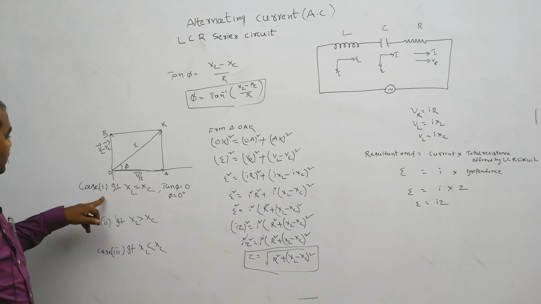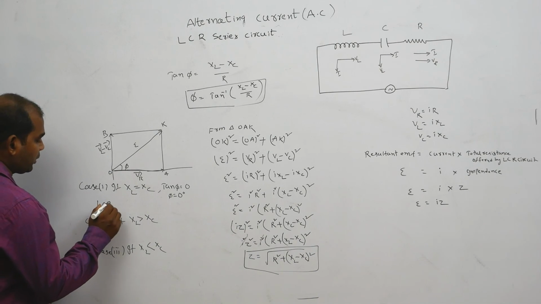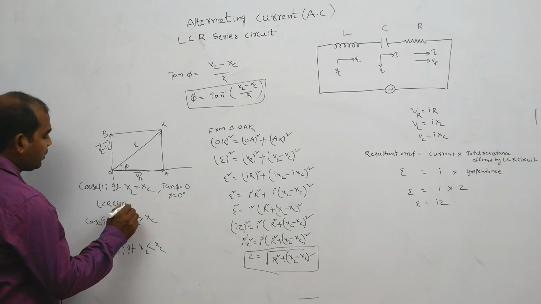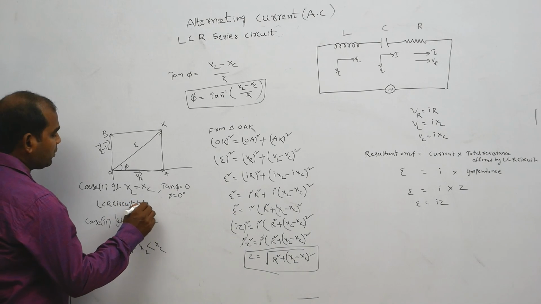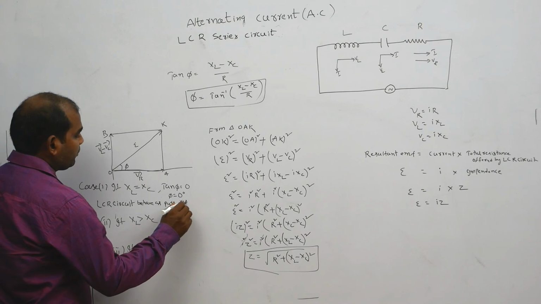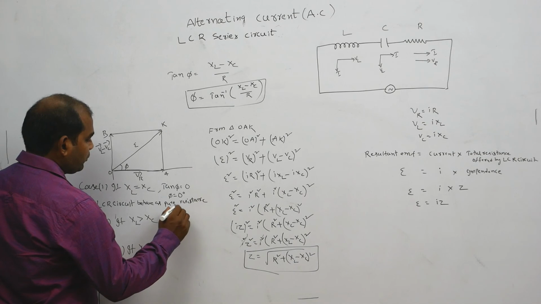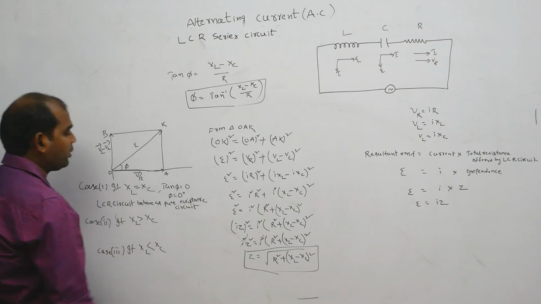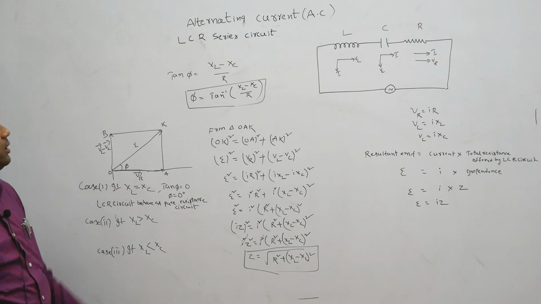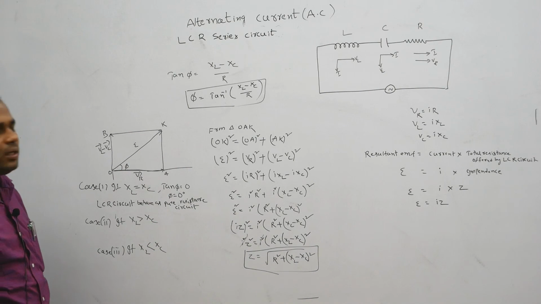It means that in this case, this LCR circuit behaves as a pure resistance circuit. So, we need to remember this. If XL is equal to XC, even though it is an LCR circuit, it behaves as a pure resistance circuit.